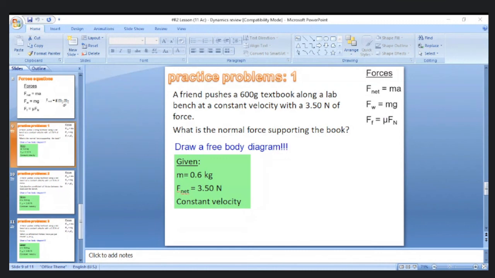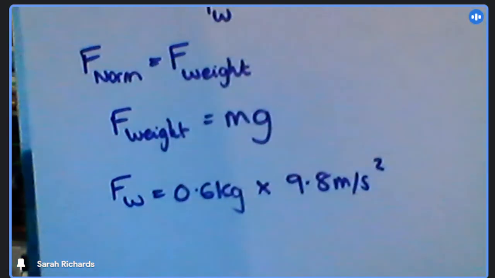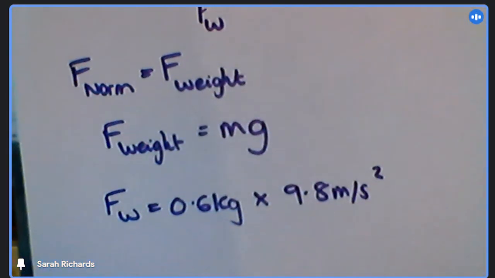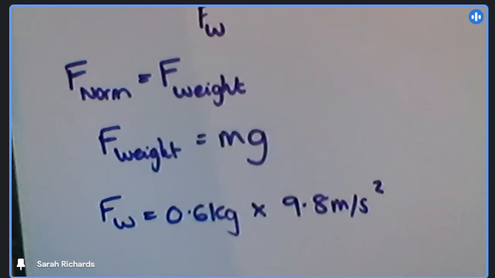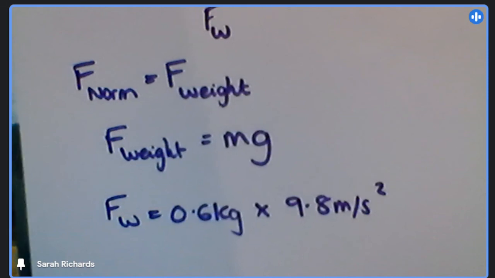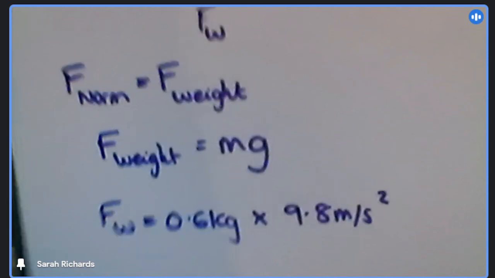So just putting the information in that we've got. We know the mass, 0.6 kilograms, and we know acceleration due to gravity. But obviously, because it's a normal force, it's in the opposite direction, so it's a positive value for that.